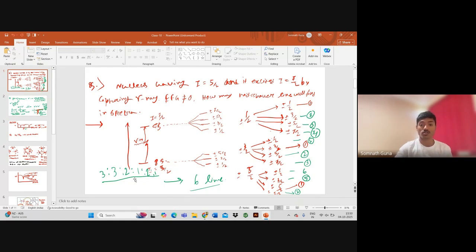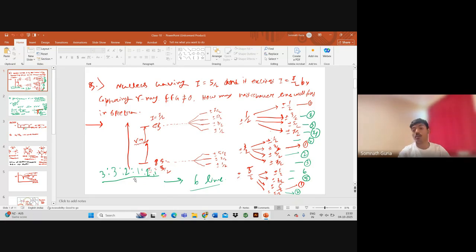They split into different I values or magnetic values, depending on the EFG not equal to 0. Depending on the transition, we get 6 lines in the Mossbauer spectra, and the intensity ratio should be 3 to 3 to 2 to 1 to 2 to 1.